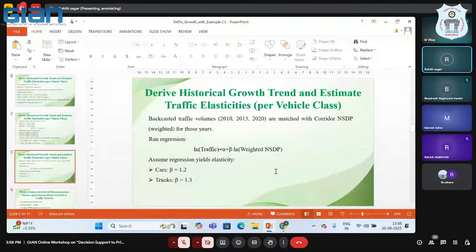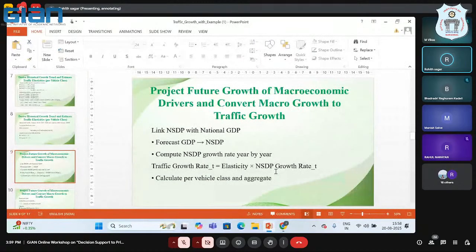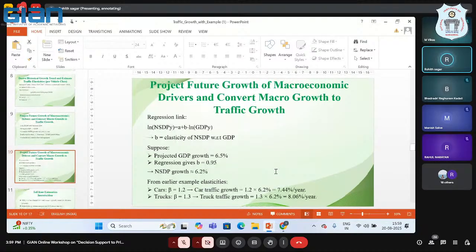After calculating elasticity values, we need to estimate future growth of macroeconomic variables. We have taken different growth rates for different states. We need to compare it with the national GDP, and forecast the NHDP for future years using the same log linear regression as before.